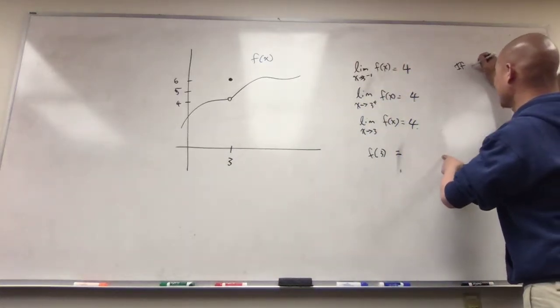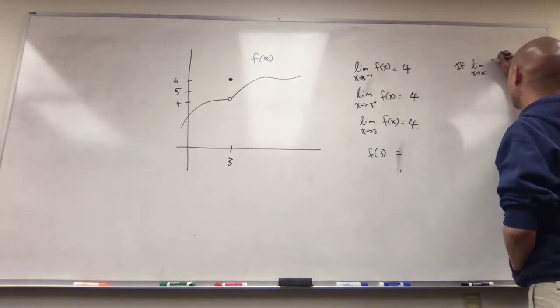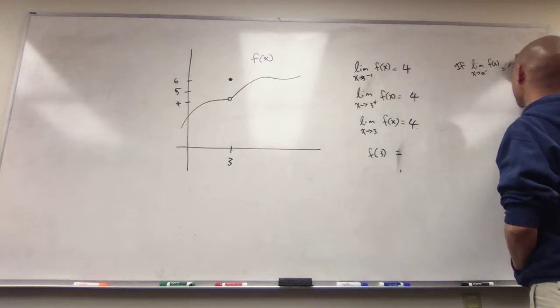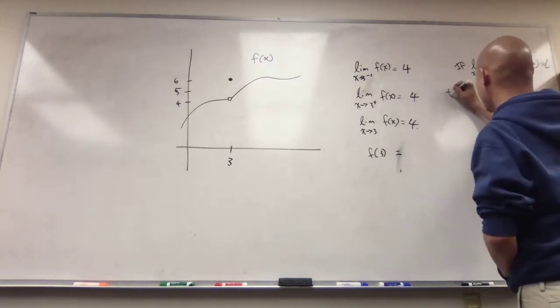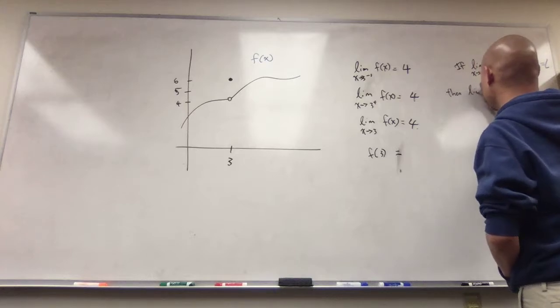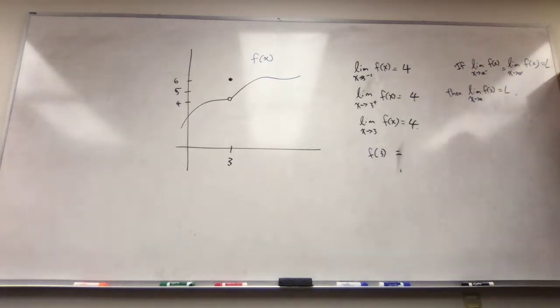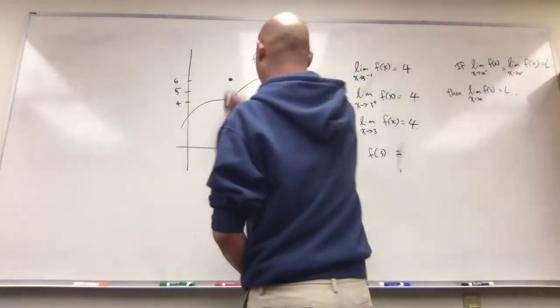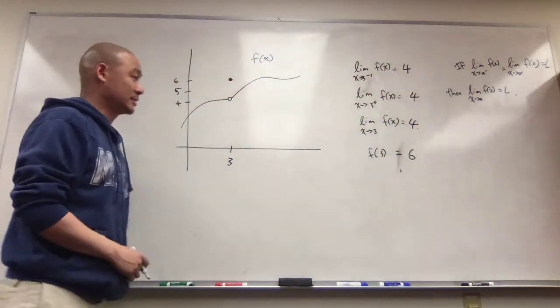So that's one of our first facts: if the limit as x approaches a from the left is the same as the limit as x approaches a from the right, and let's call that thing L, then the limit as x approaches a of f of x will just be L. But then of course f of 3 is 6 still, right?